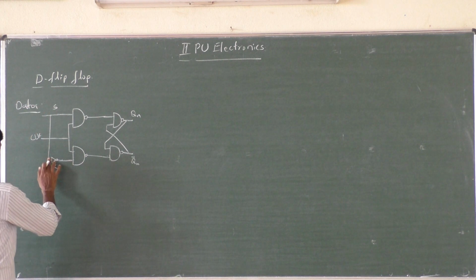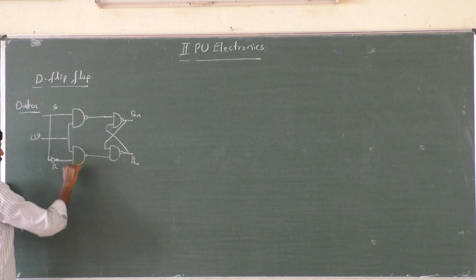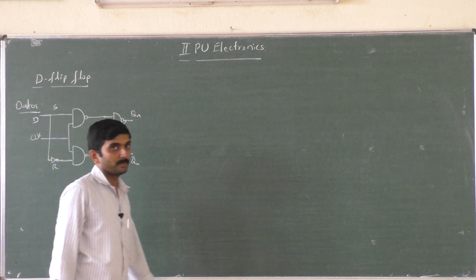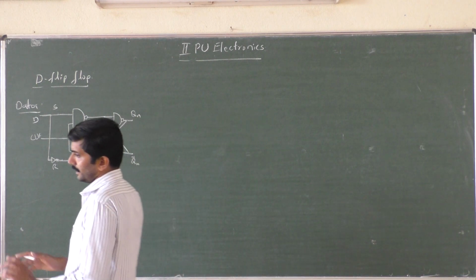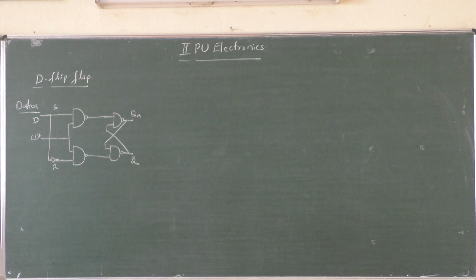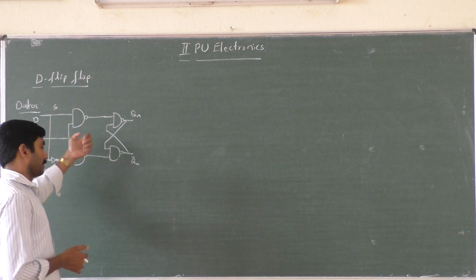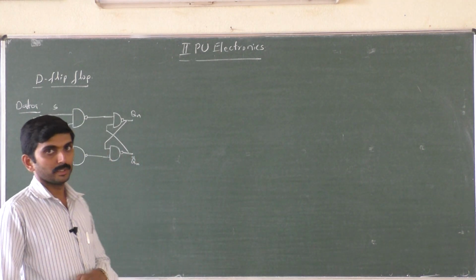See, an inverter is inserted. So this is the new flip-flop, what we call D. Instead of S, we mention a new input terminal, D. Actually, inside the chip, we have the clocked SR flip-flop only.